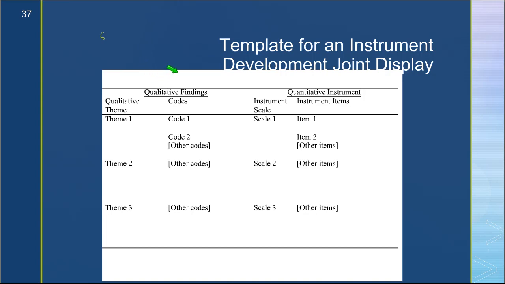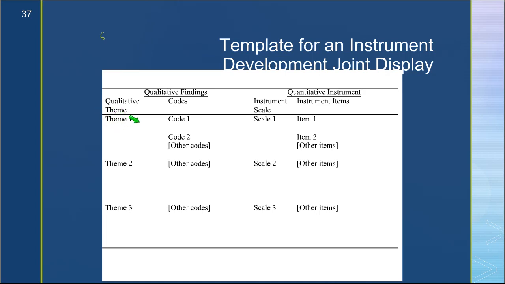So here, I start with this big column of qualitative findings. And again, this is just really showing the flow of procedures that happens in this design. On the right side, I have this column for my quantitative instrument. This is organized by themes. You could organize it in different ways. It could be by a conceptual model, for instance.